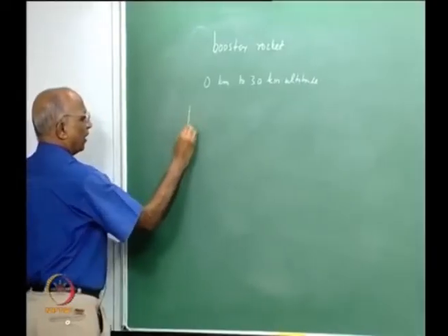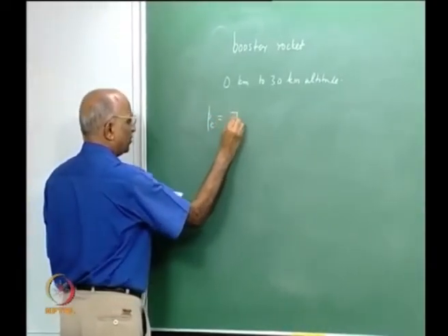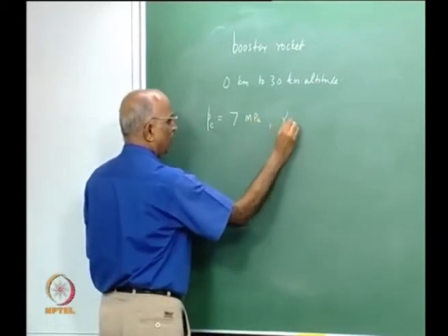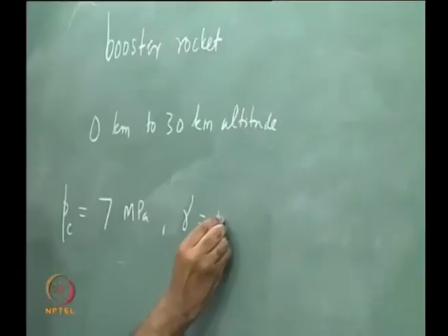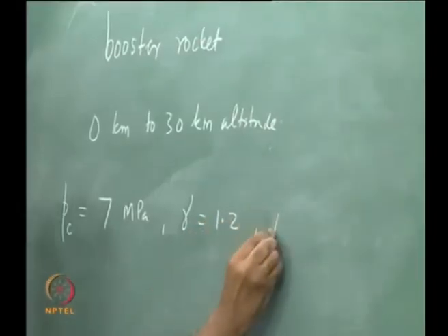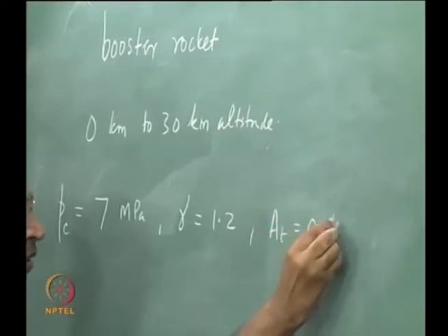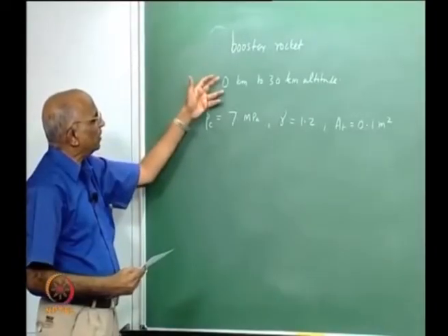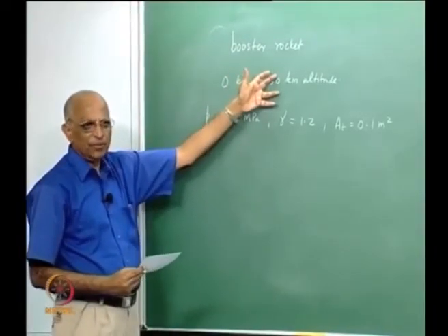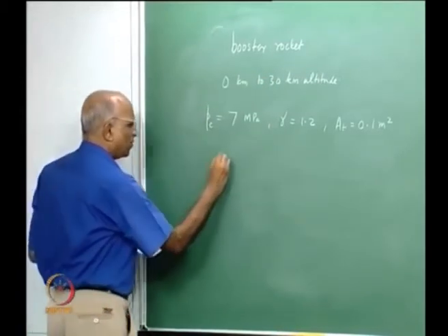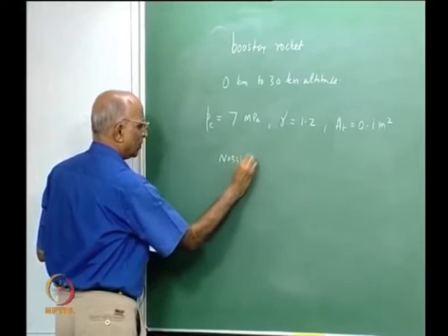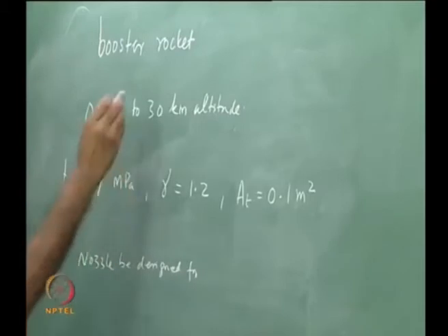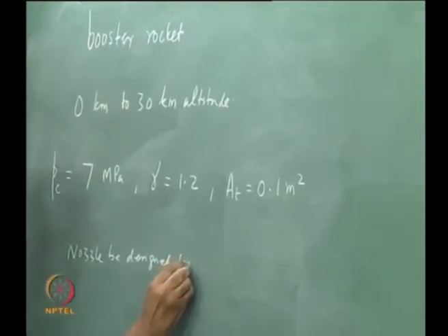The chamber pressure of this rocket, PC, is given to be 7 MPa, that is 70 bar. The combustion product specific heat ratio is 1.2, and the throat area AT is equal to 0.1 meter square. Since this rocket flies between 0 and 30 kilometer altitude, the designers felt, let the nozzle be designed for the mean of the two, say 15 kilometer altitude.